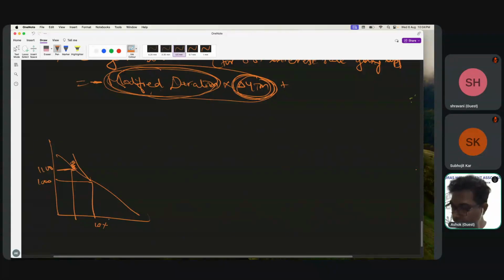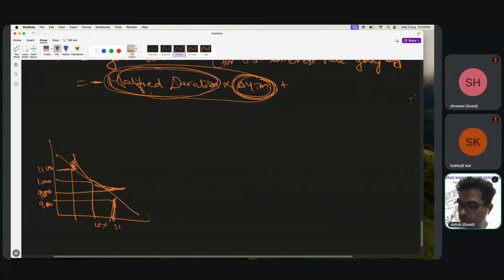Similarly, when the interest rate is going up, convexity reduces the fall. It does not allow the price to reach 900, which it is supposed to reach. It will stop it at, let's say, 950. So convexity always favors the investor.